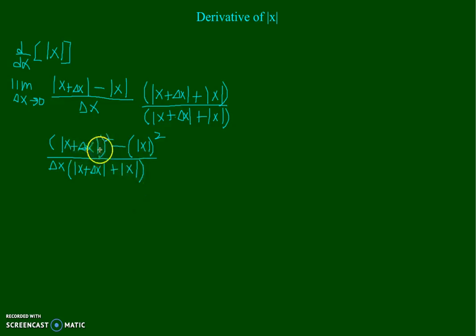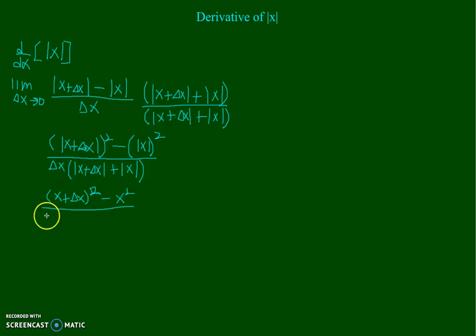Now, in this situation, when we have the absolute value of x plus delta x squared, the need for the absolute values disappears. What we're left with is simply x plus delta x squared, and the same thing with this, minus x squared.